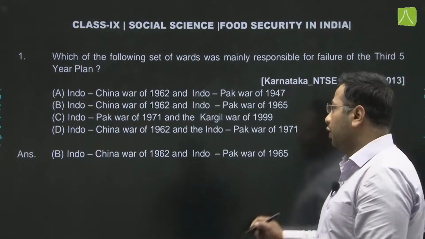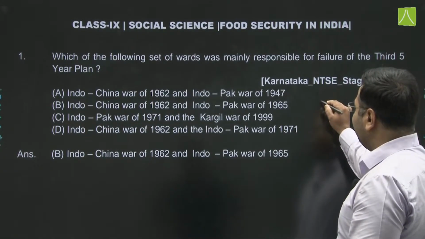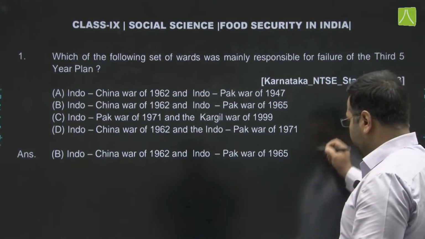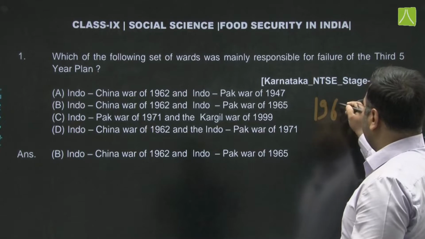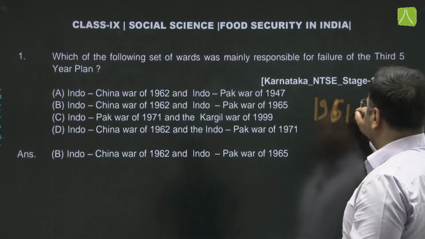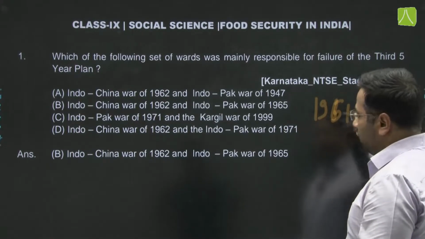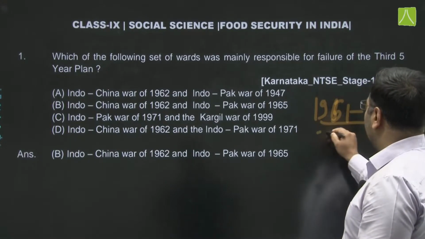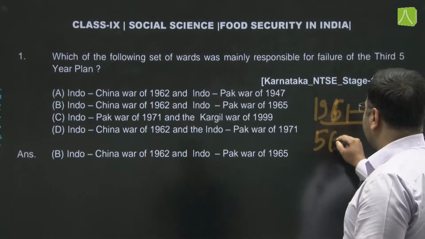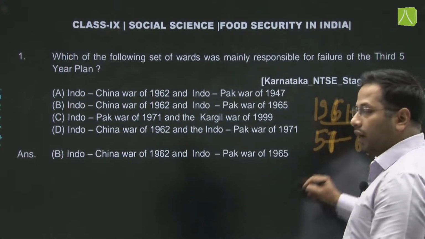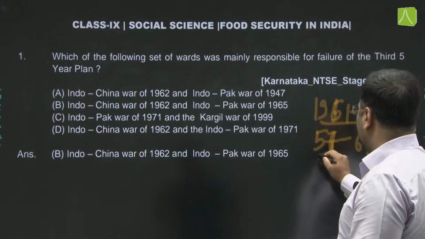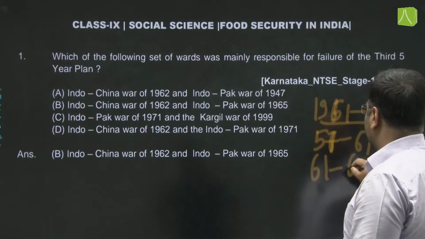Now the first 5-year plan which we have, it was from 1951 to 1956. The second one which we have was from 56, 57 to 61, and the third plan which we have was from 61 to 66.